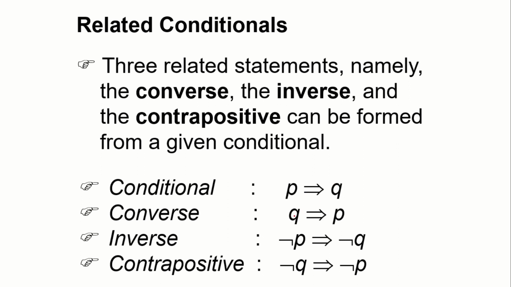So Q now becomes the premise, and P now becomes the conclusion. In the inverse, we negate the premise or hypothesis, and of course negate the conclusion. While the contrapositive is the converse of the inverse.